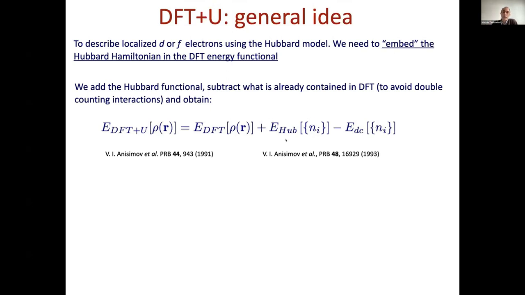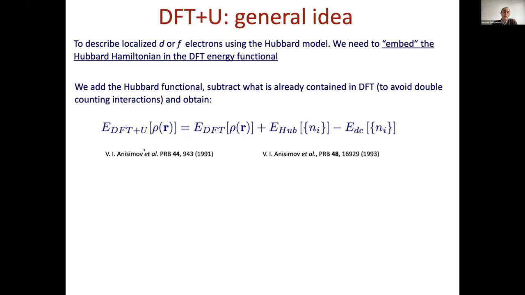And we add a so-called Hubbard energy, as a function of these occupation numbers. And we take off some terms that capture how much of that correlation is already contained in the approximate exchange-correlation functional, so as to avoid so-called double counting problems.